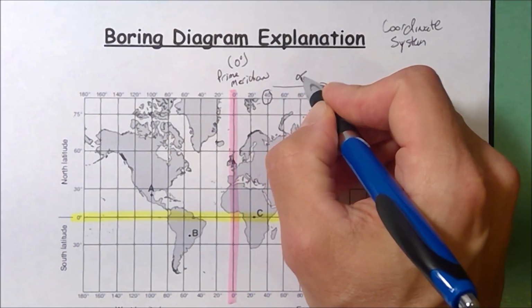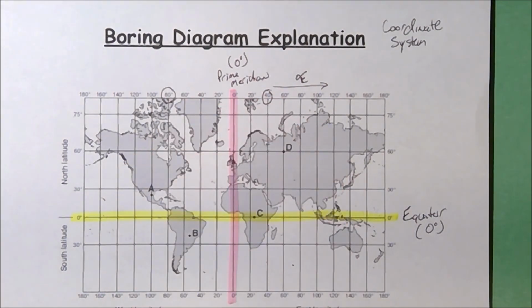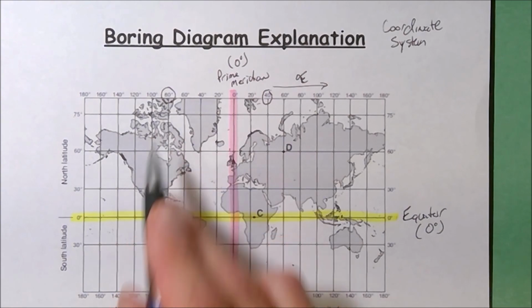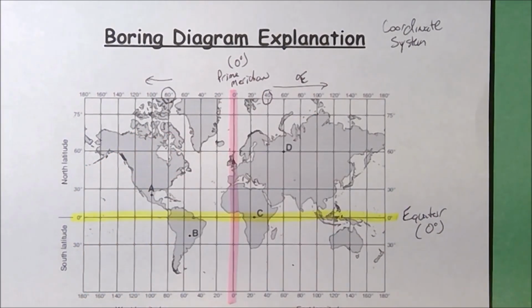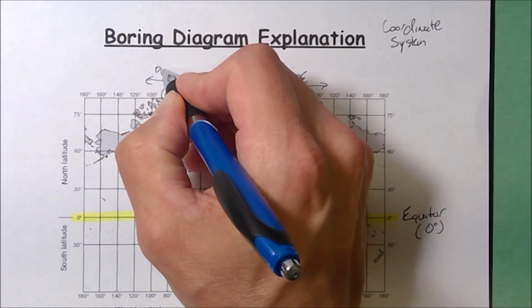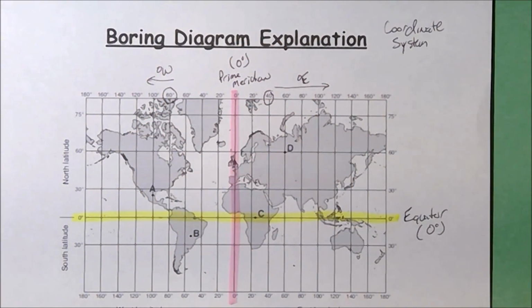So these are going to be measured in degrees east. This 80 is west of the prime meridian, but the numbers are going to increase as you move further west. So those would be degrees west. Whichever direction the values increase is the direction that they are measured.